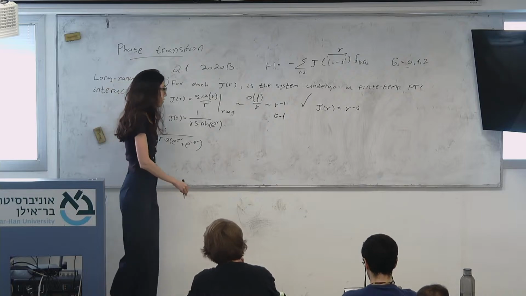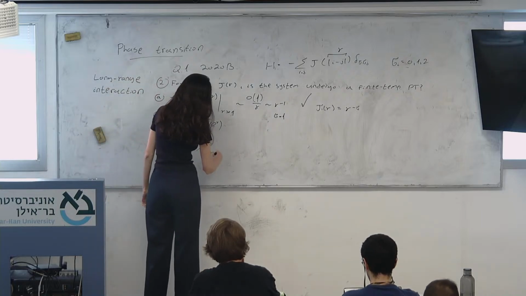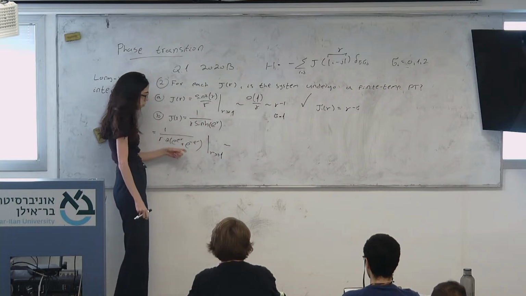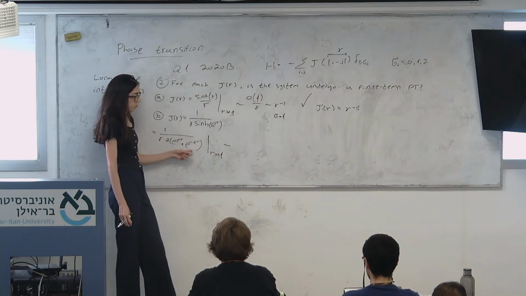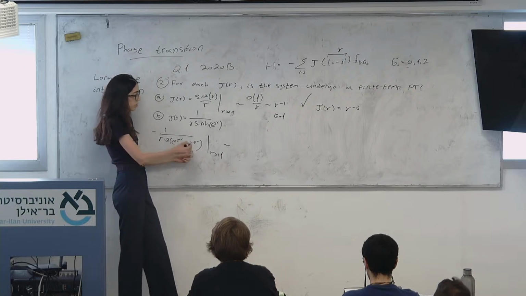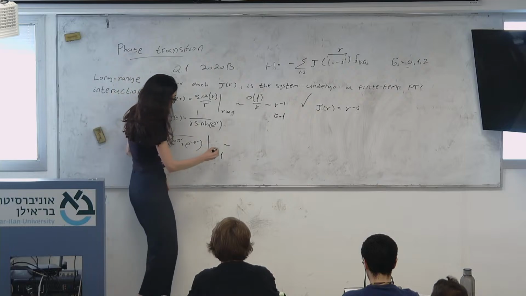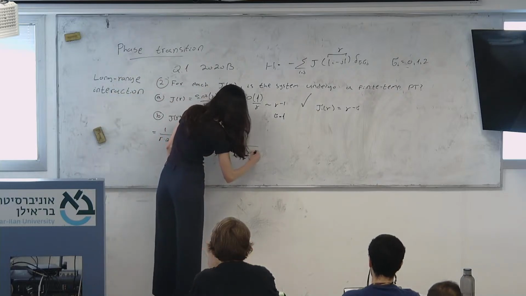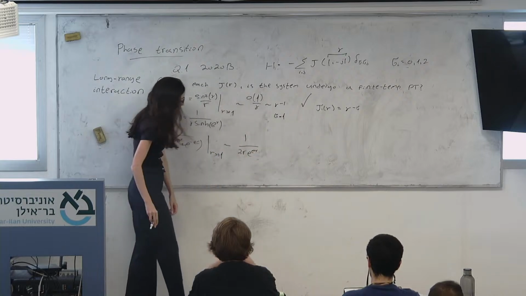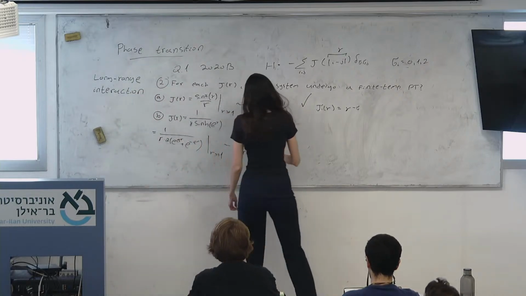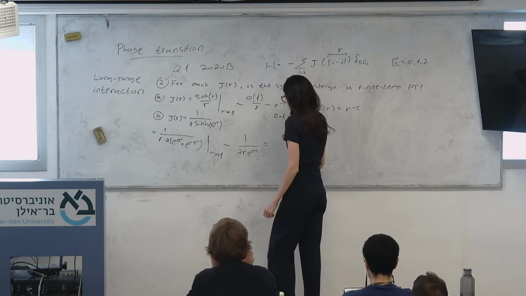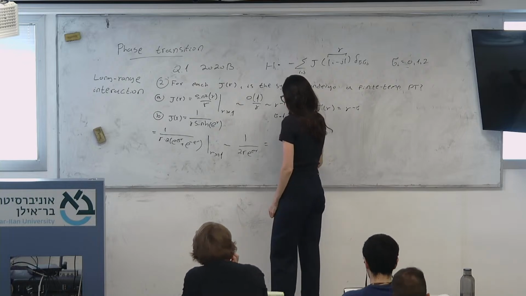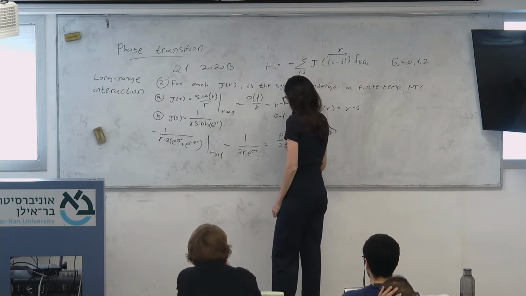And if we take now the limit of R being very large, this is obviously much smaller than that. So we have approximately 2R e to the e^R. So this is e to the minus e^R over 2R.